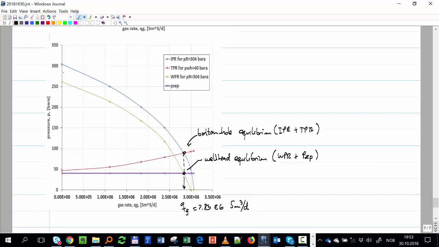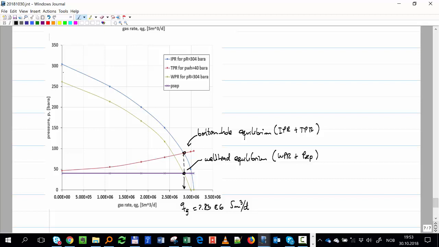And we know the pressure at the wellhead is constant. It's simply separator pressure. So I just put a constant line. And the intersection of these two at the wellhead gives me the equilibrium point, which is exactly the same as the equilibrium point made at the bottom. That means that inside of the tube doesn't change. It's the same system. So if you put it together, it should always give you the same.